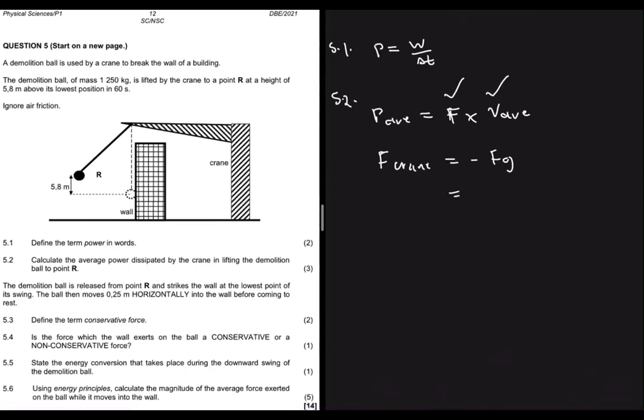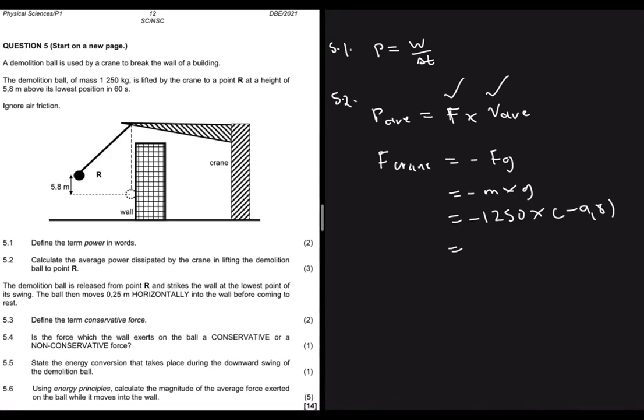So that is equal to minus mass multiplied by gravity, and then the mass is 1250 kg, and then force of gravity minus 9.8, and then the minuses will give you a positive. And now let me put that in the calculator and see what I get.